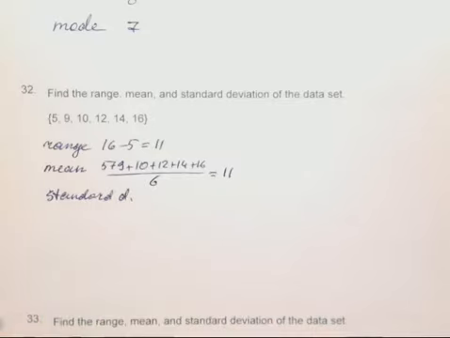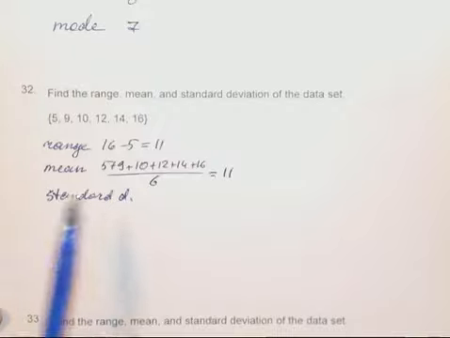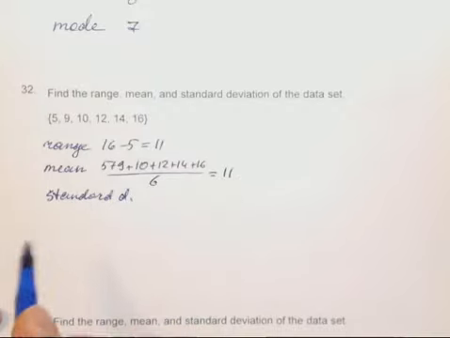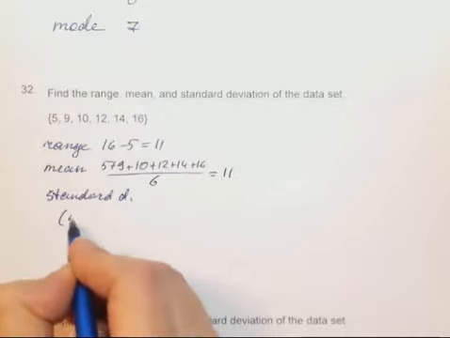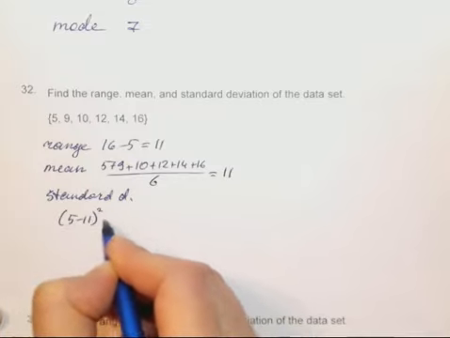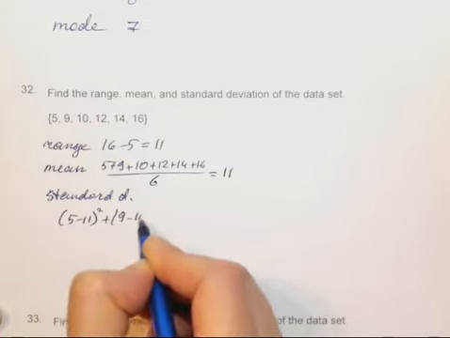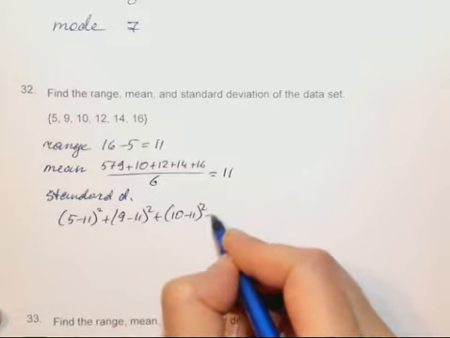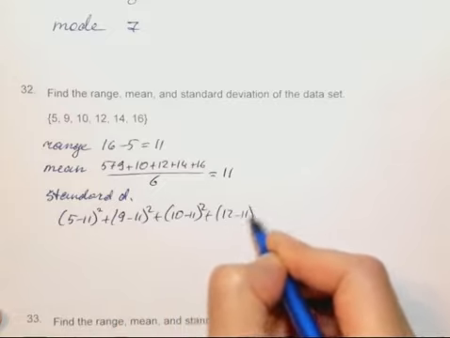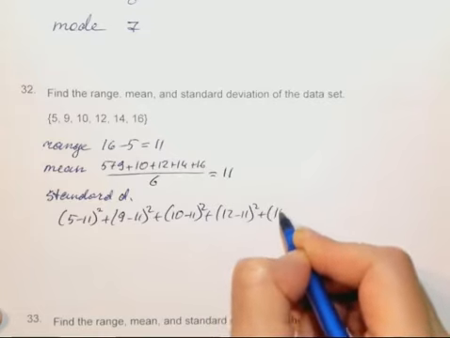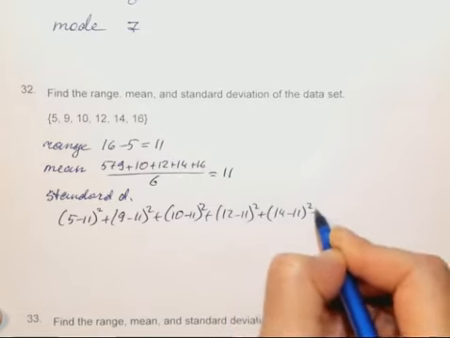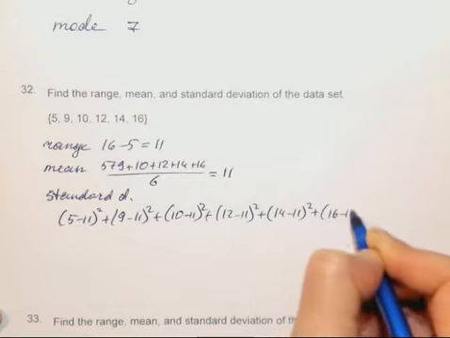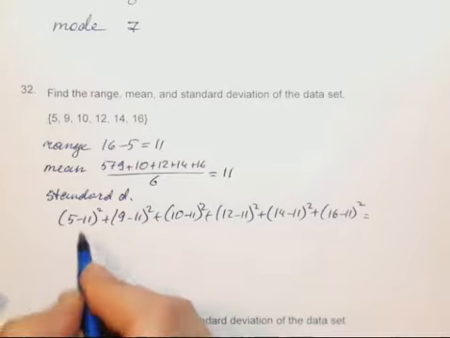Standard deviation. For this purpose, we subtract the mean from every number and square. 5 minus 11 squared plus 9 minus 11 squared plus 10 minus 11 squared plus 12 minus 11 squared plus 14 minus 11 squared plus 16 minus 11 squared.